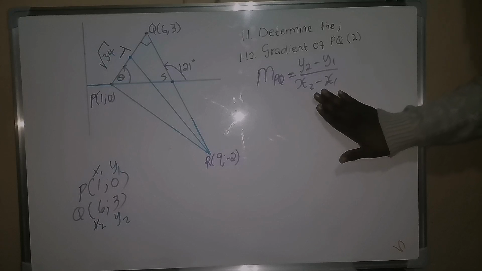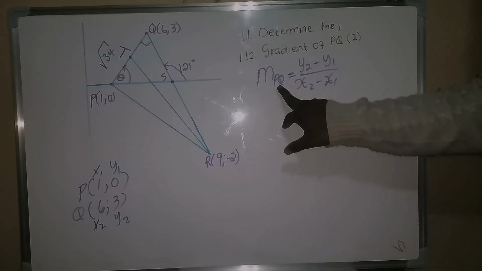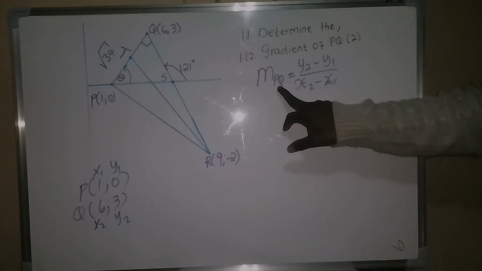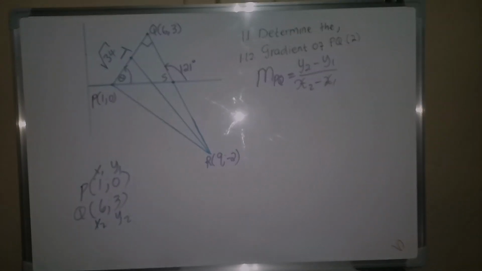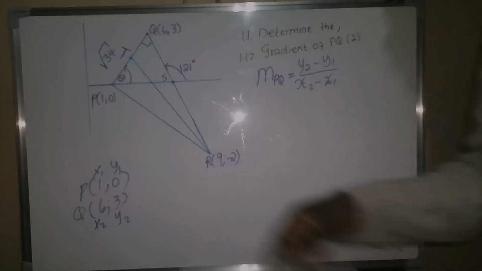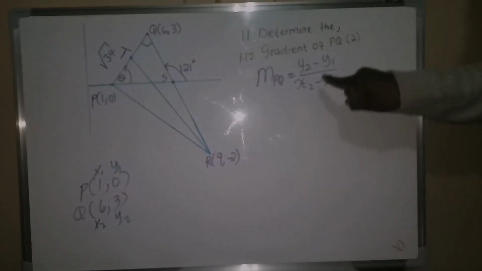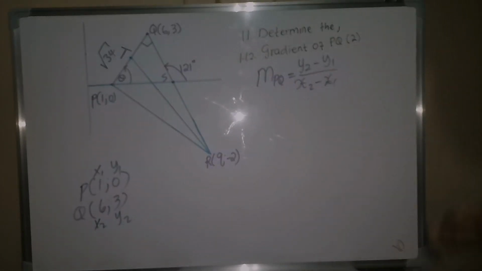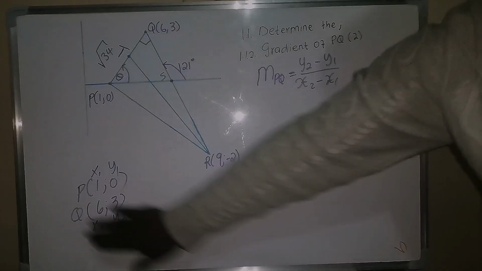Then from this equation, you come back to what we want: the gradient of PQ. What are the coordinates of P? 1 and 0. What are the coordinates of Q? 6 and 3. You need to label them according to x1, y1, x2, y2, as we did here.